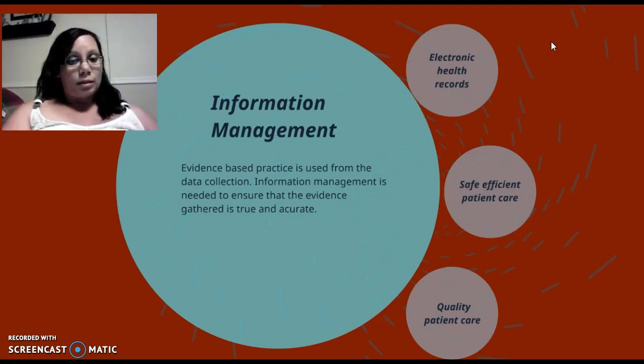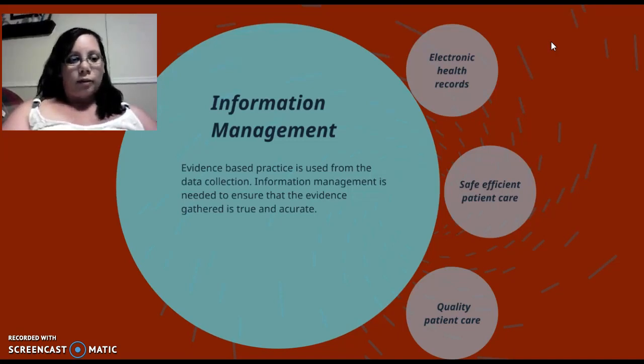Information management, as you can see, is needed to ensure that the evidence is gathered and is true and accurate. So there are different types of information management out there. There are electronic health records, which I think most people use now as the EMR, which is fantastic.